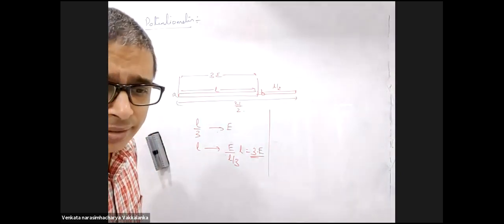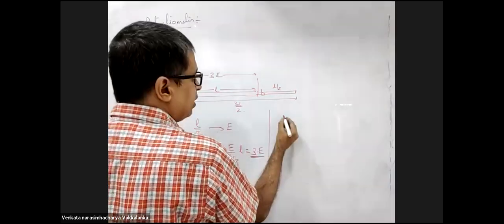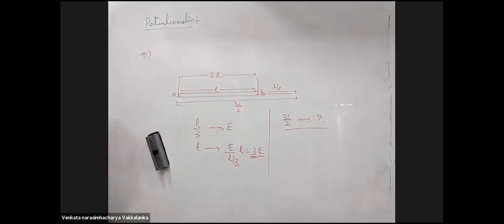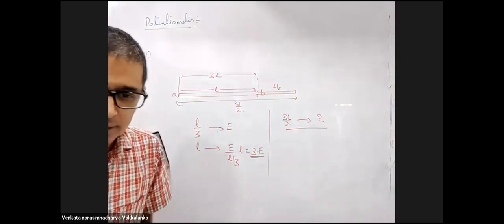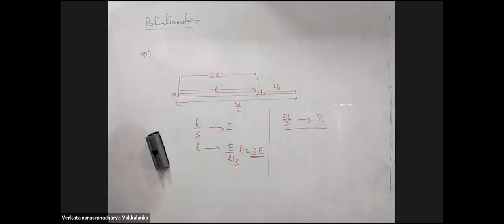Now potential difference across 3L by 2 will correspond to how much? Should not be difficult. And what did they ask? At what distance will the same cell have a balancing point?